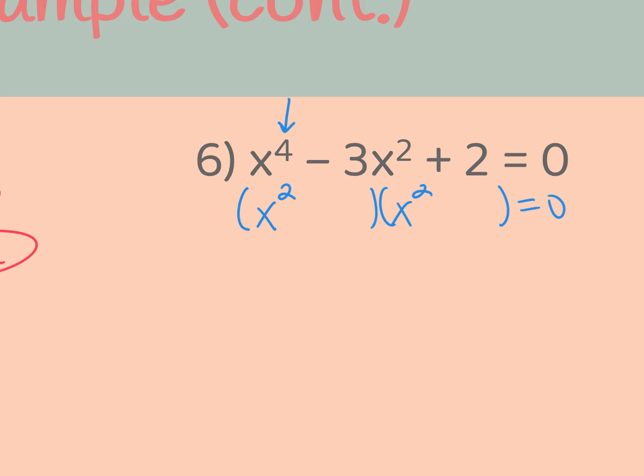X cubed and x cubed. What would give you x to the 8th? X to the 4th, x to the 4th. Okay, good. All right, so what are the factors, guys, of positive 2 that multiply to give me a positive 2 but add to give me a negative 3? Minus 1 and minus 2, right? All right, can we factor anything else? Are there any difference of perfect squares?